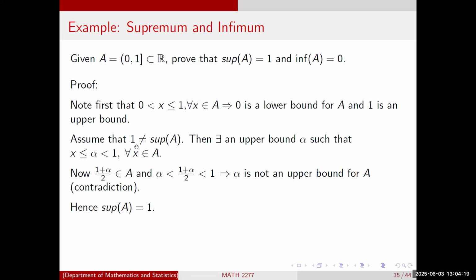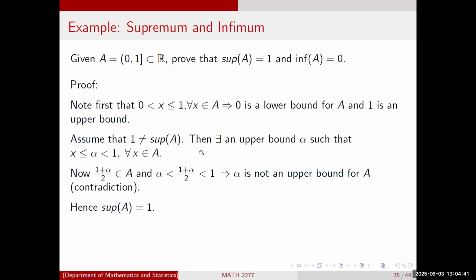We're going to assume that 1 is not the supremum. Okay, so if you are not the supremum, what you're seeing here is exactly the same idea behind how we proved the characterization of supremum. Remember, if you are not the supremum, what does that mean? This is how we proved what we just did.